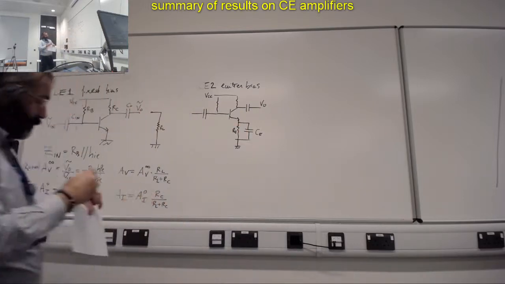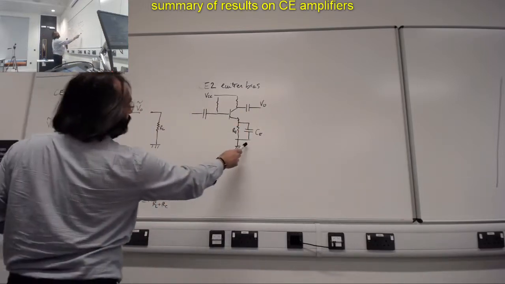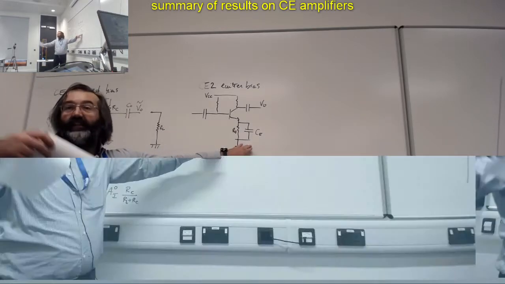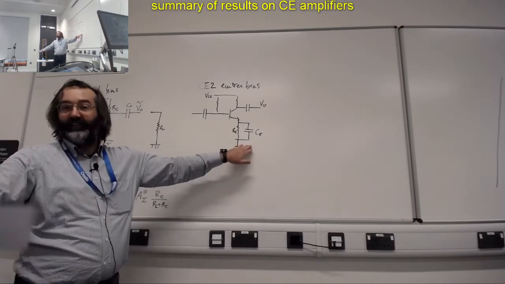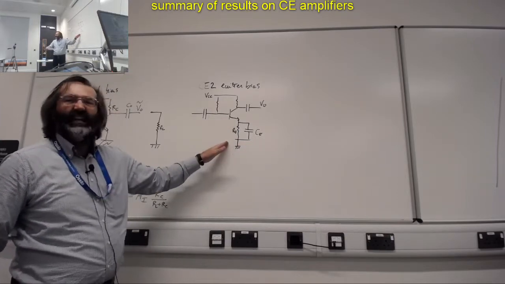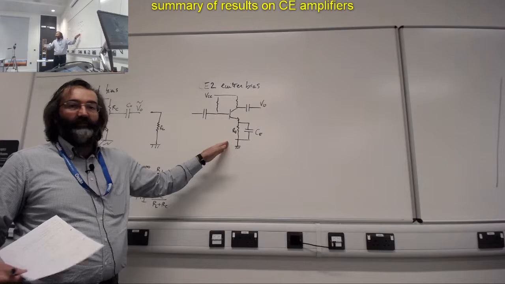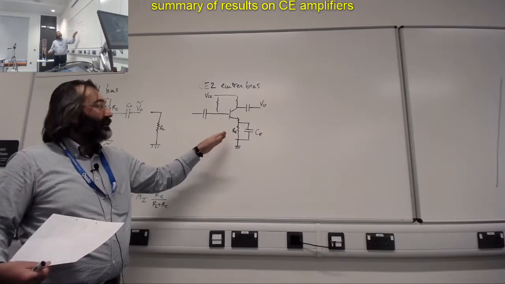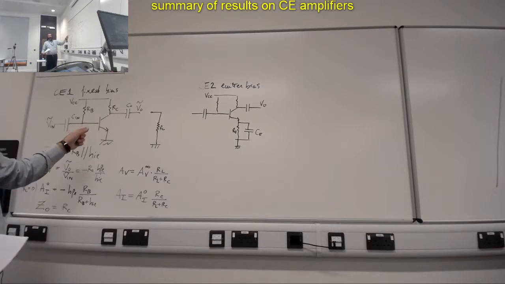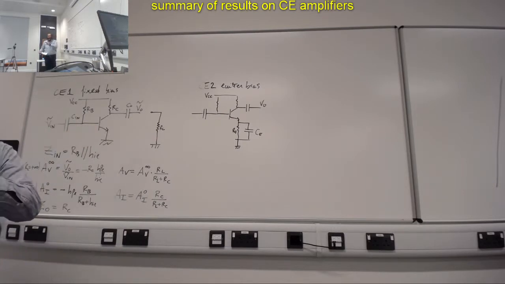Okay, and we said that the reason why we have this capacitor is that when you are operating in frequency, in the AC regime, effectively this shorts RE and makes the analysis much simpler, because then the AC analysis of this circuit becomes the same as that one in the AC regime, remember? And so you get exactly the same formulas also for that.